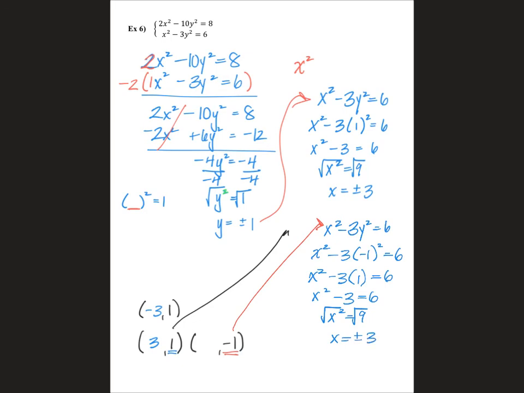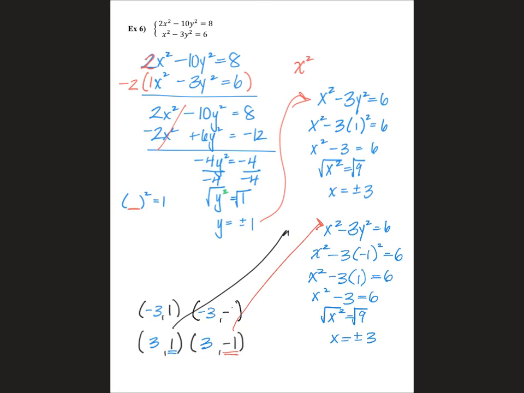So again, that means I'm going to have to double this ordered pair. I'm going to have a +3 with my -1, and I'm also going to have a second ordered pair where there is going to be a -3 with that -1.